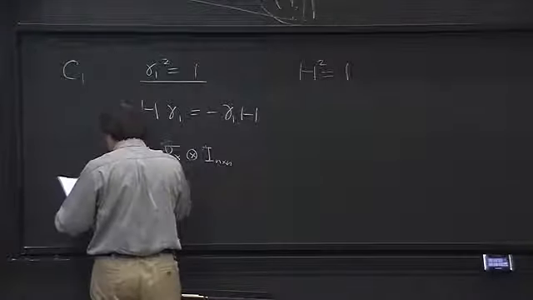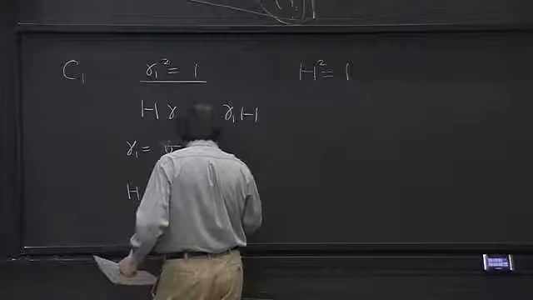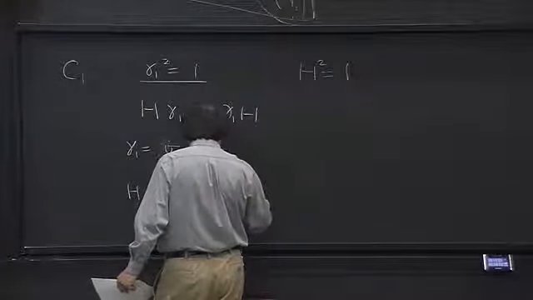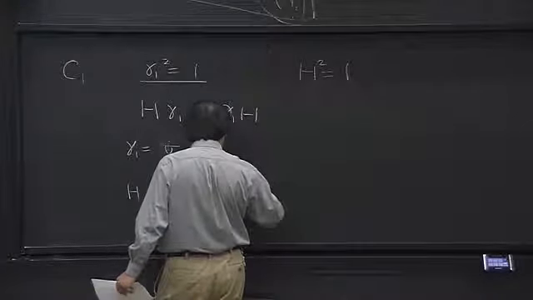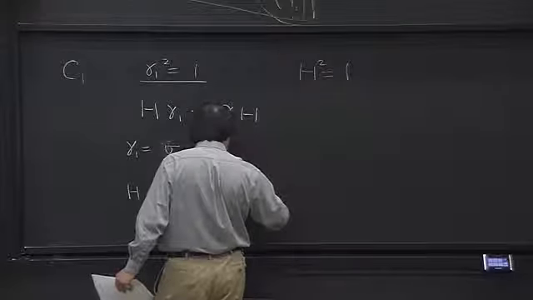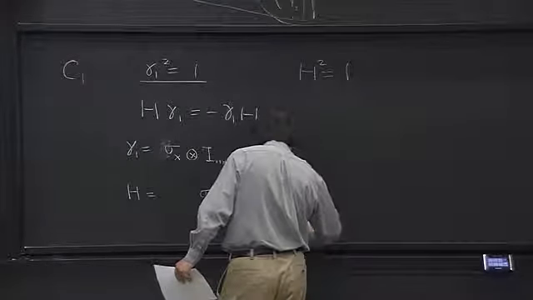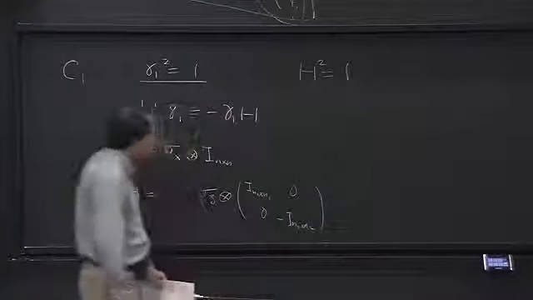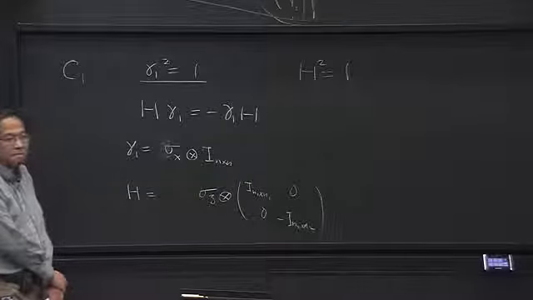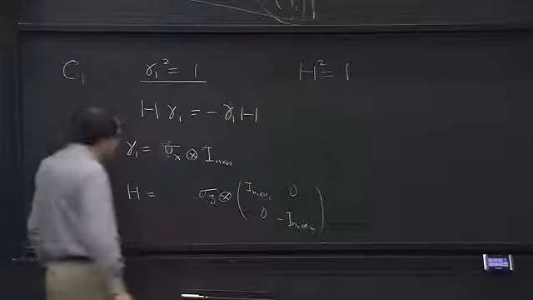So the Hamiltonian can be, it's very simple, sigma z cross I n1 cross n1 minus I n2 cross n2. But this is just one special case.